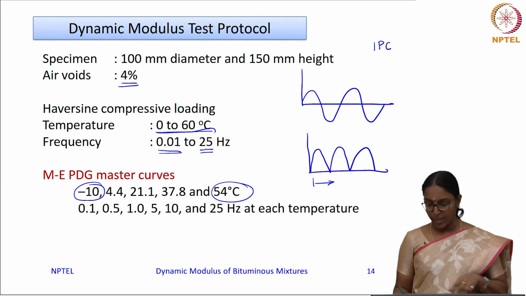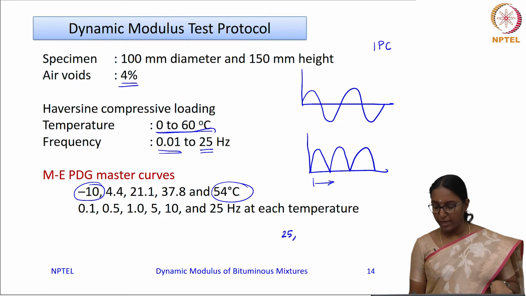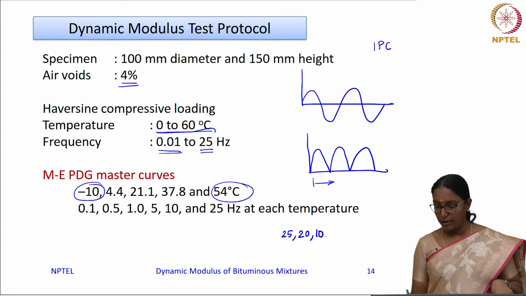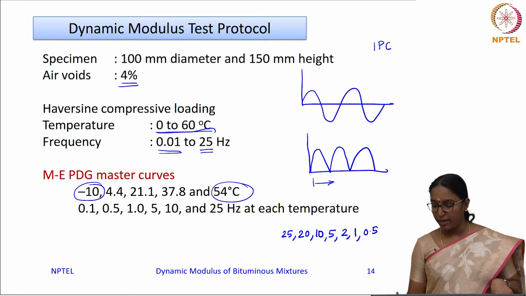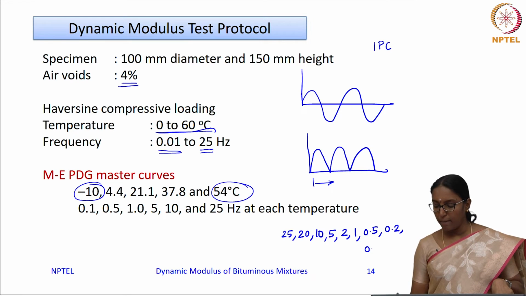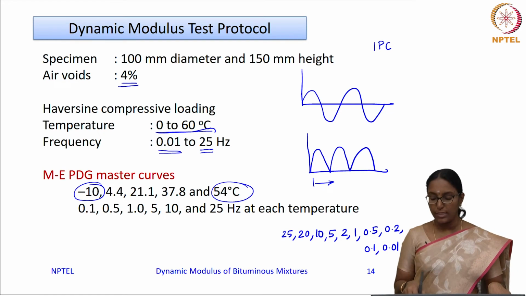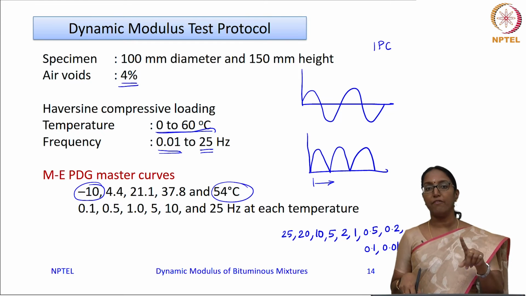Say for example, you can have 25, 20, 10, 5, 2, 1, then 0.5, 0.2 and 0.1 and even up to 0.01 Hz. So, this many frequencies you can test for every temperature.